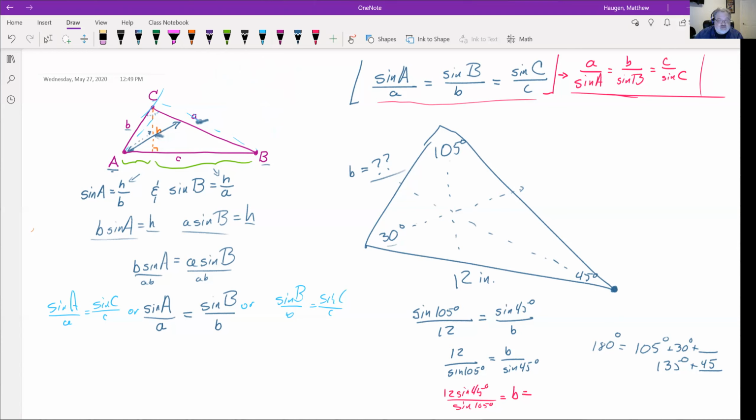Now, that doesn't mean a reciprocal is the same as itself. Is x over 5 the same as 5 over x? No. But if x over 5 is equal to 4/3, then 5 over x is equal to 3/4. That is true.